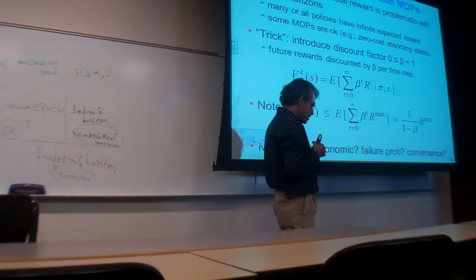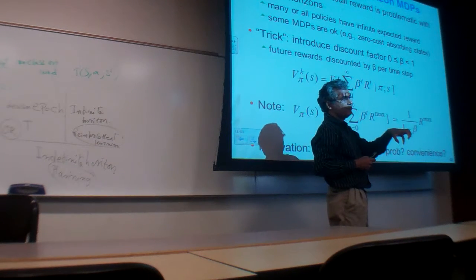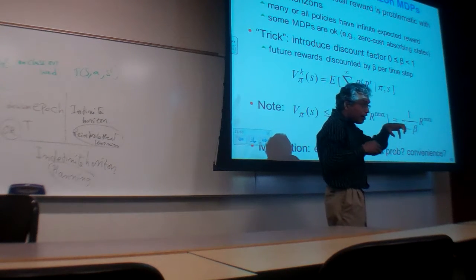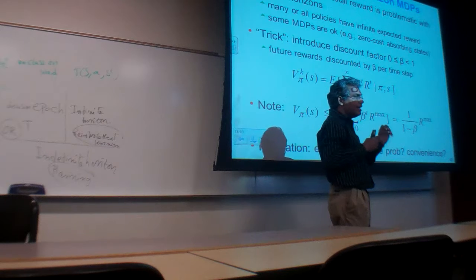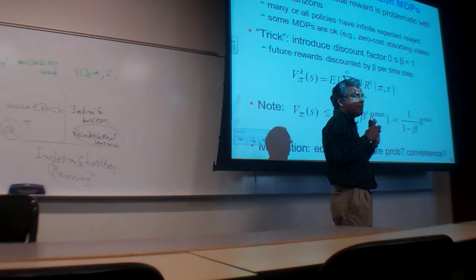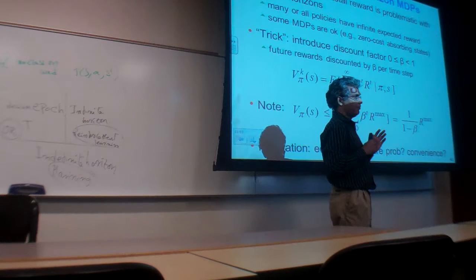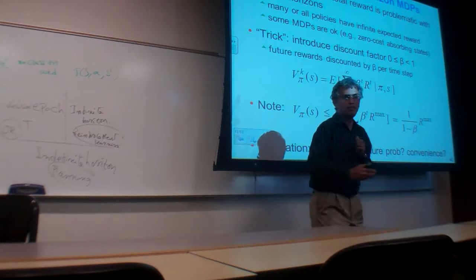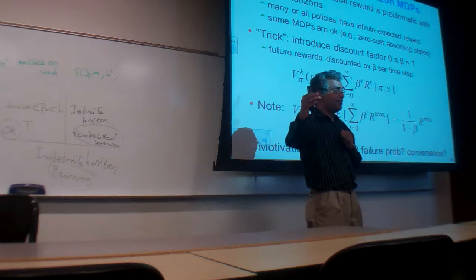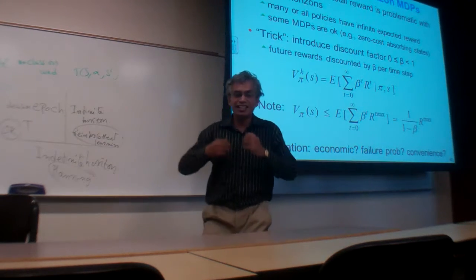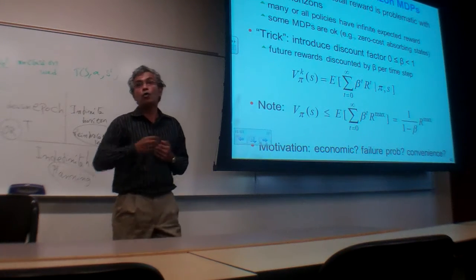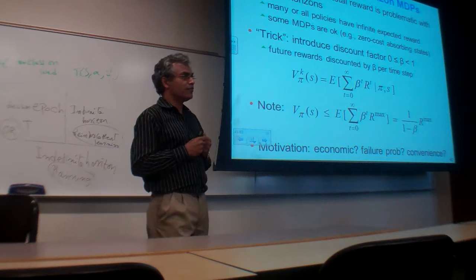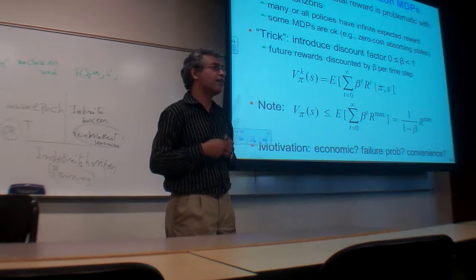How good it is to be in this state does not depend on when you got to this state. It never depended on how you got to this state, but it previously depended on when you got to this state. If you only have 100 years left, for example, if you just completed your PhD, how good is it to be completing your PhD? Well, if you are 25, pretty darn good.